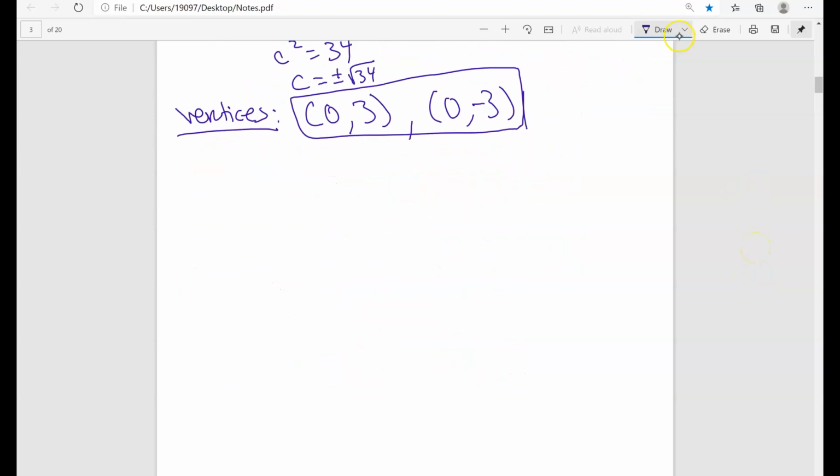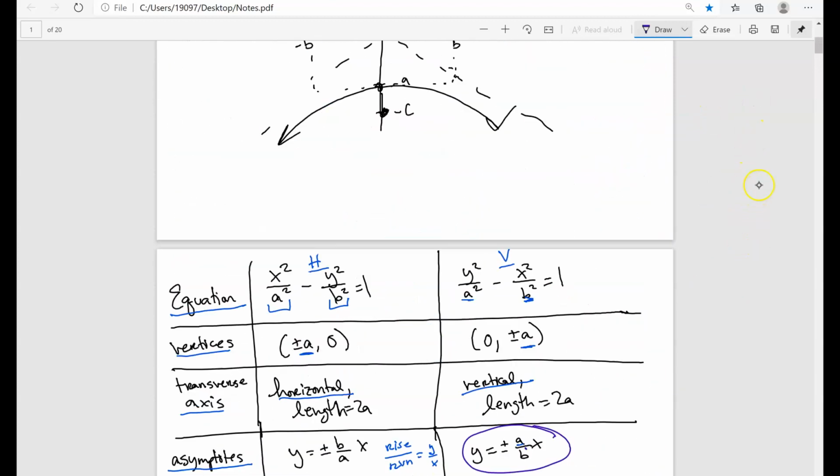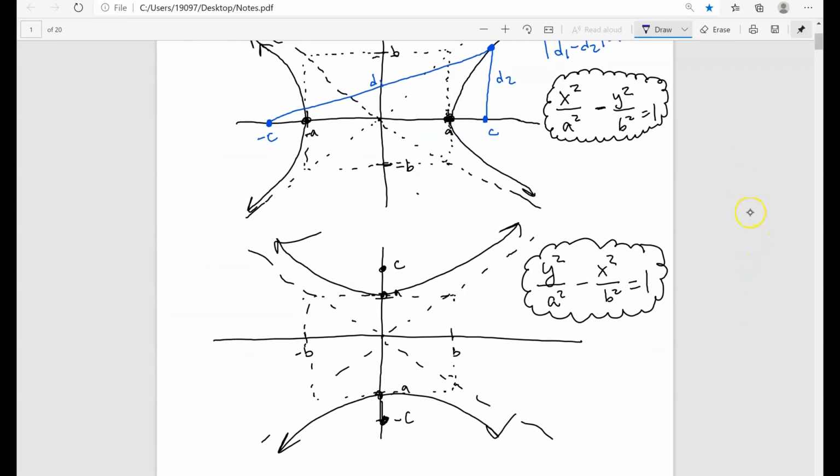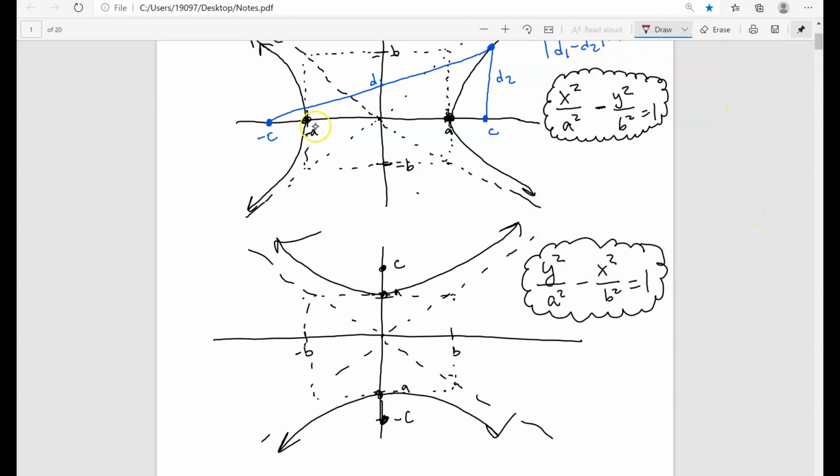So right before we continue, the length of the transverse axis is basically, let me go back up. The length of the transverse axis, let me color it in red, is going to be the length of the branches, or the vertices. So this guy is going to be the length of the transverse axis, just like this guy. So that and that is the transverse axis.